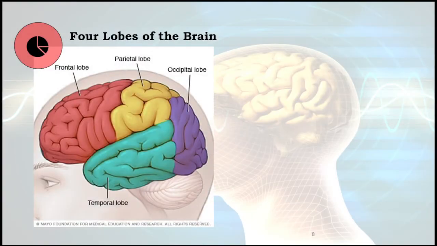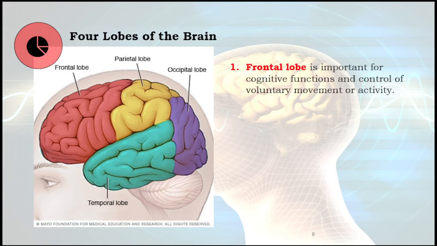Now let's move on to the different lobes of the brain. As you can see in the illustration, we have the four lobes, the frontal lobe, the parietal lobe, the occipital lobe, and the temporal lobe. The frontal lobe is important for cognitive functions and control of voluntary movement or activity.